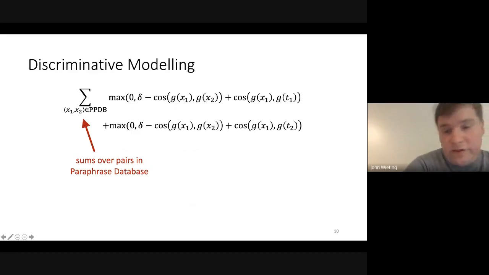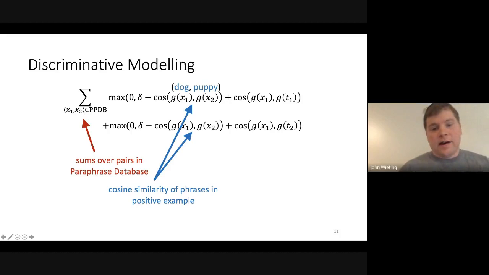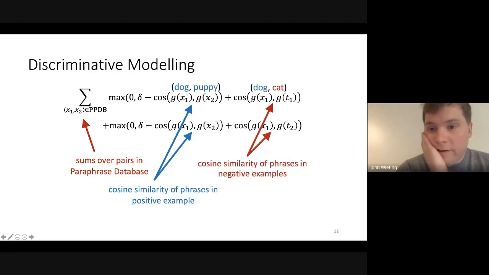So here, the G's are these encoding functions, which I'll talk about more later. Essentially, in this case they're taking in a word vector, a word in English, and just mapping it to a vector. And all we have to do is sum over our pairs in our paraphrase database, and take the cosine of the positive pairs, x1 and x2, and then the cosine of a negative pair.